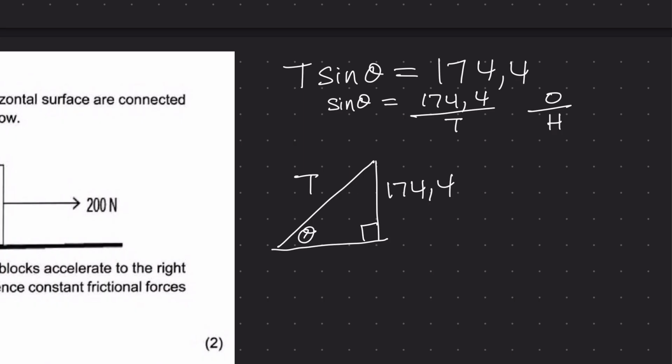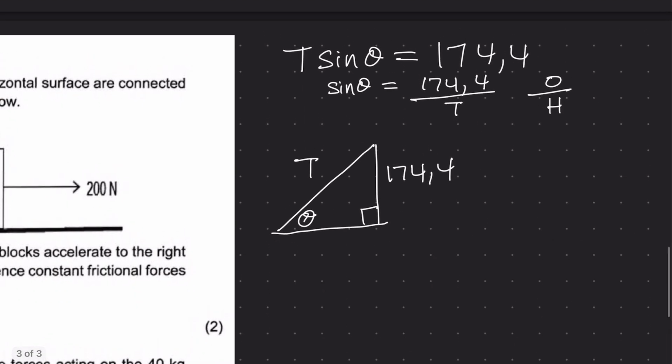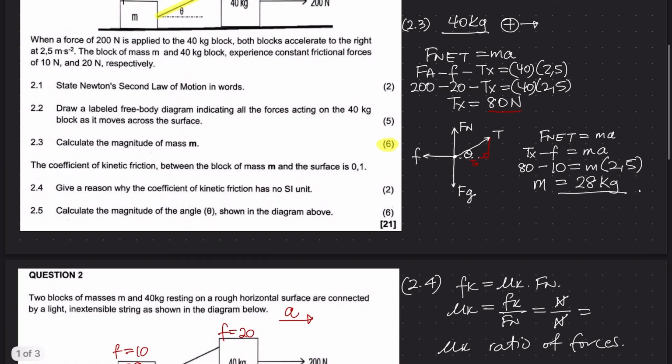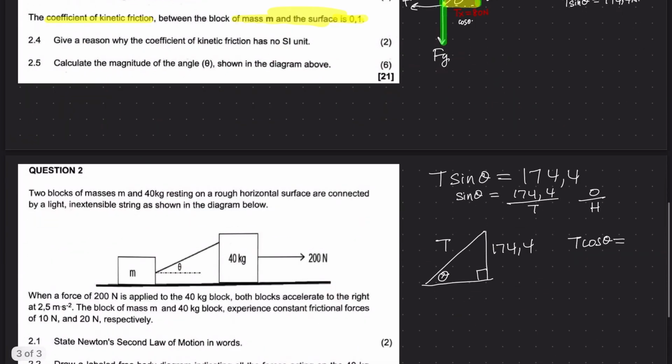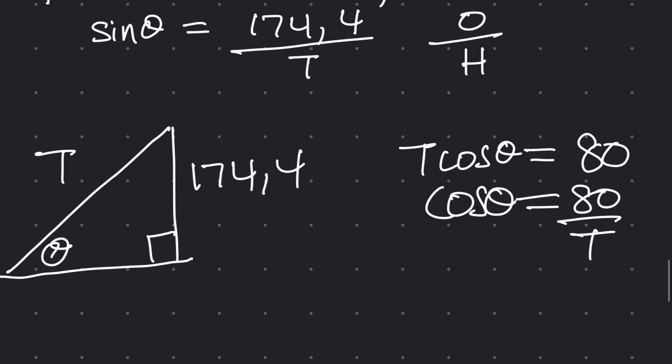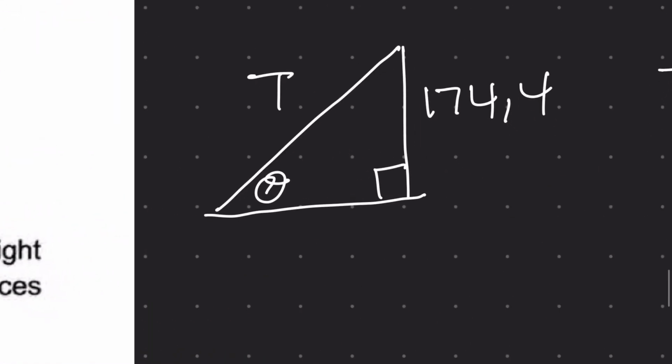But hang on, we know the cos theta value as well. We know that T cos theta is equal to, and we worked this out above, that's 80. So that means cos theta equals 80 over T. Now we know that cos theta is adjacent over hypotenuse. So the adjacent here must be 80.